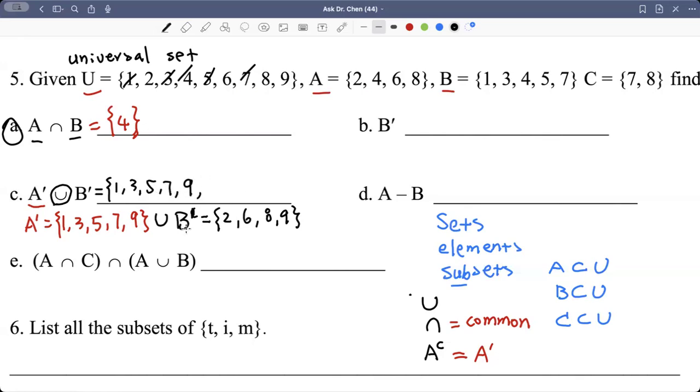Now we write the elements in B complement: 2, 6, 8. And 9, but we already have 9 here, so we don't need to write 9 twice. Because remember, in a set, the elements have to be distinct, different.